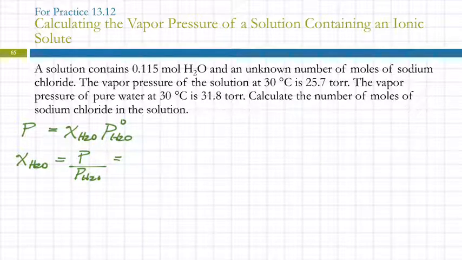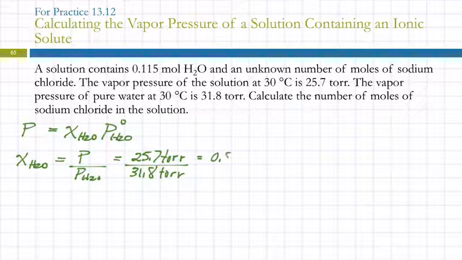They're saying the vapor pressure of the solution is 25.7 torr. The vapor pressure for pure water is 31.8 torr. That gives 0.808. So that's the mole fraction of water.